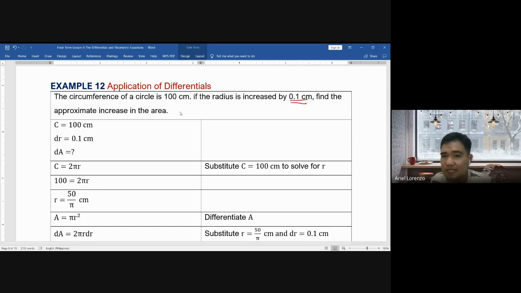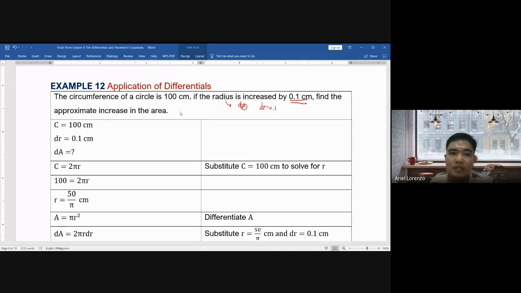If the radius is increased by 0.1 centimeters, ibig sabihin, class, ito yung meron siyang differential of x. May change in x. Okay? Pero instead of using x as a variable, we use r kasi radius naman yung nabago. So you have your dr is equal to 0.1. The differential of r is 0.1 kasi minimal lang yung change.